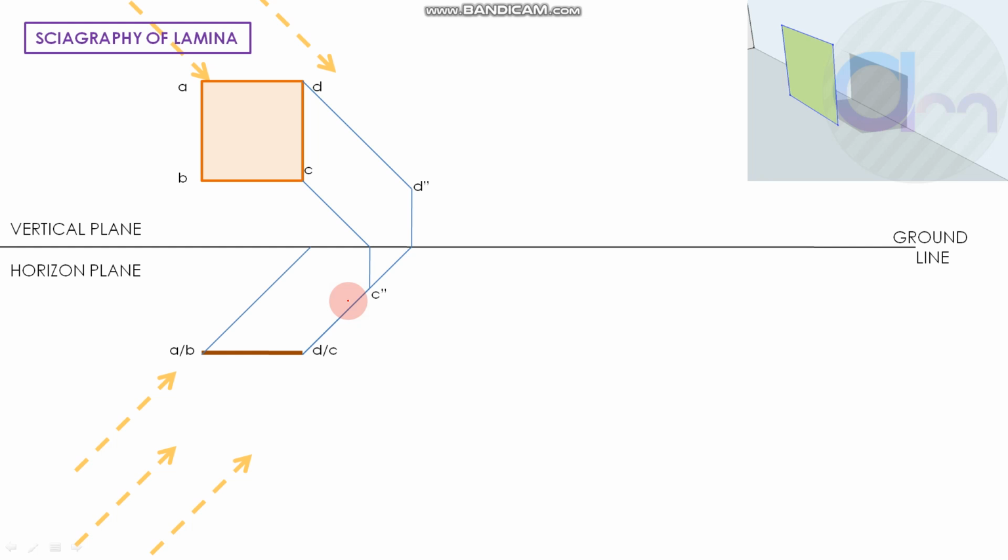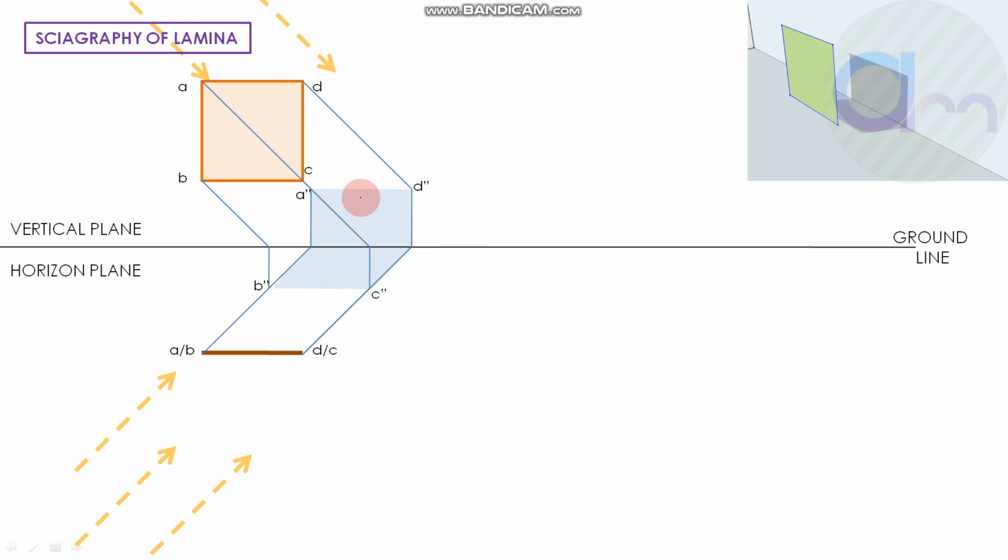Same procedure, we draw lines from the A and B points, and the intersections give A dash and B dash. Then let's connect A, B, C and D. We connect the lines, and that's how we get the Sciagraphy of the lamina over the plane.